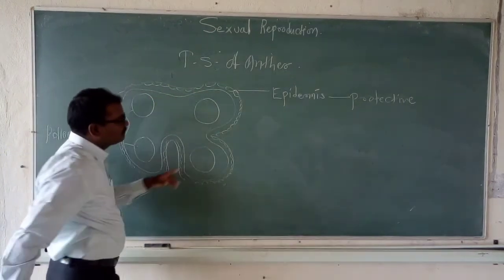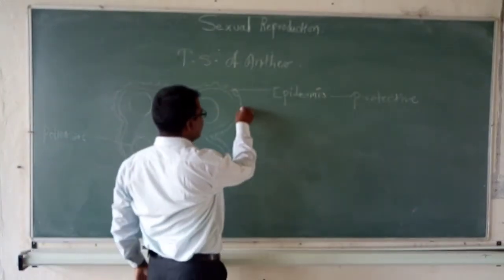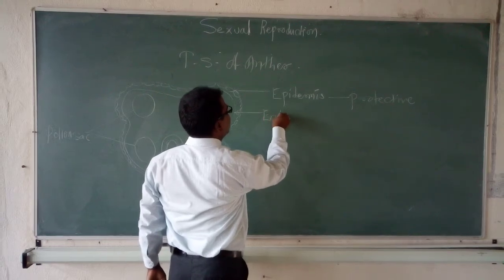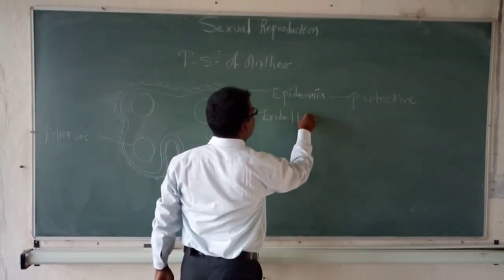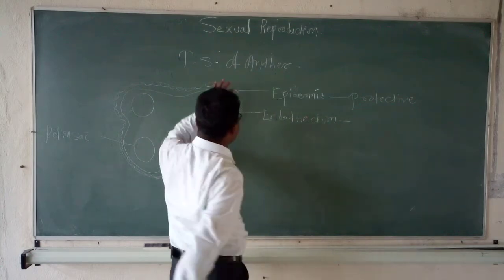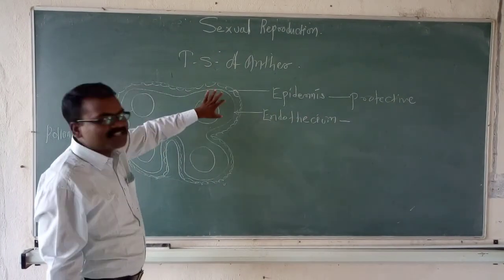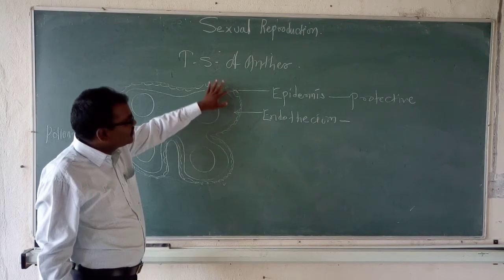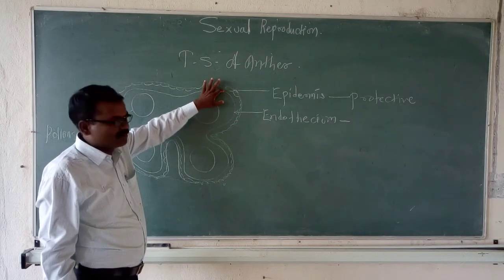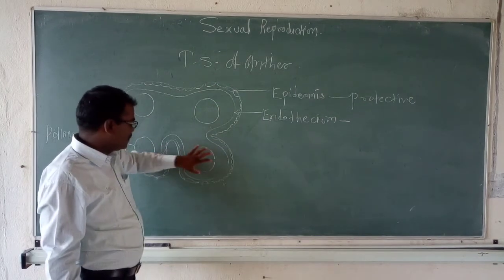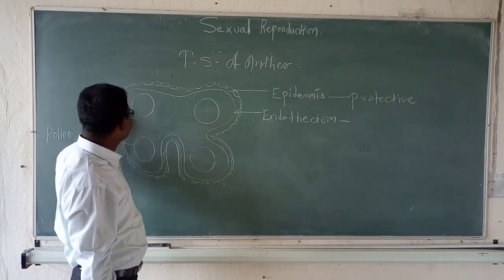The second layer inside the epidermis is called the endothecium. The endothecium is again a single layer which surrounds the microsporangium.